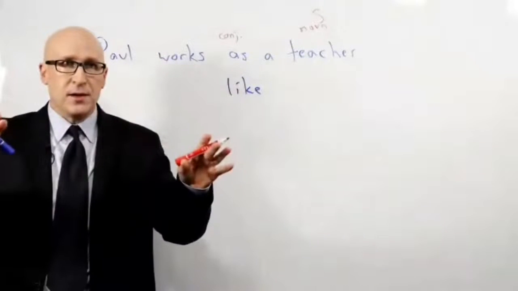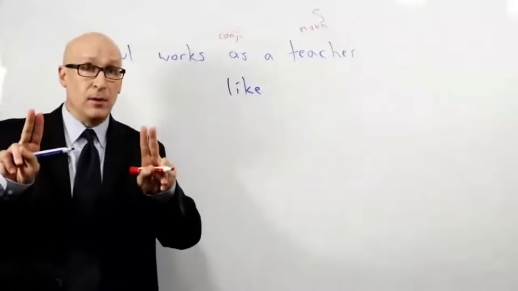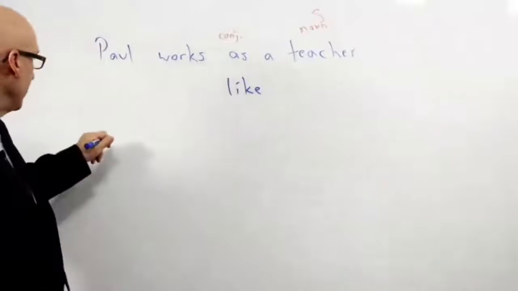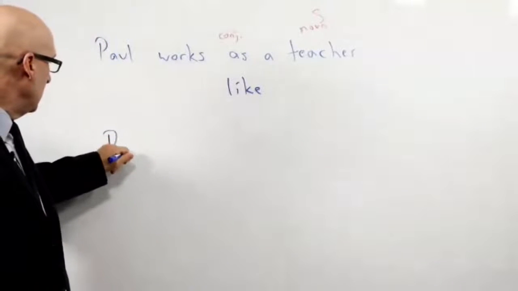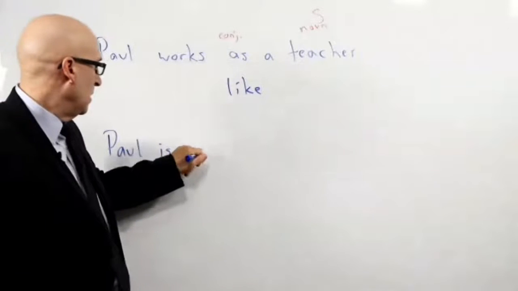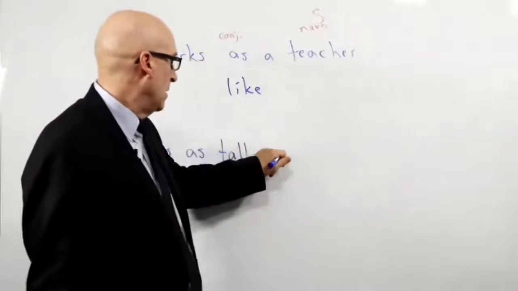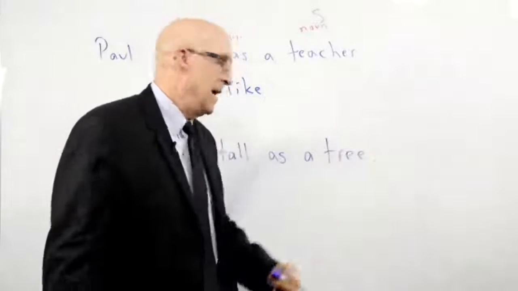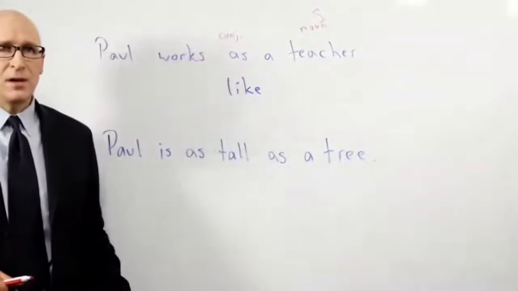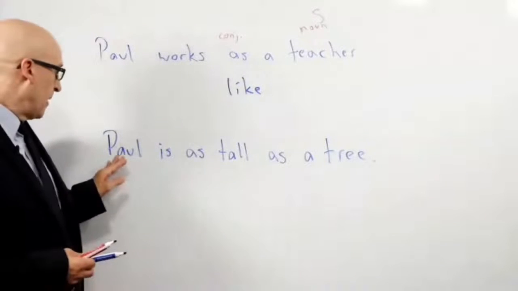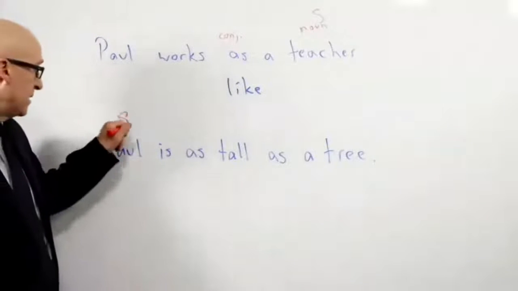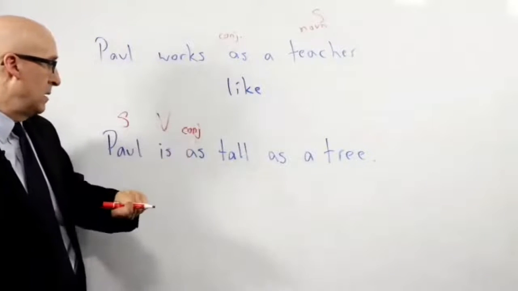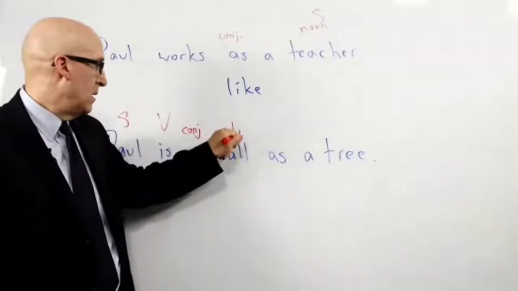We can also use as, double as, and it still follows the same rule. I think you've seen something like this. I'm actually not as tall as a tree, but I'm pretty tall. So what do we have here? We have subject, verb, then we have our conjunction as, then we have an adjective, right?